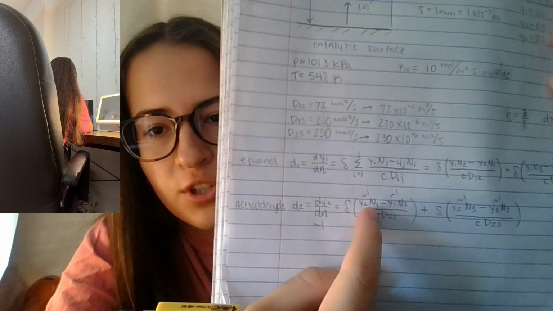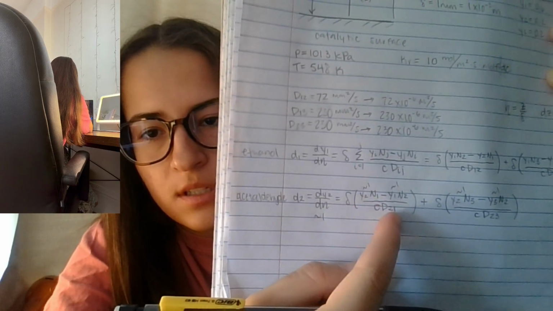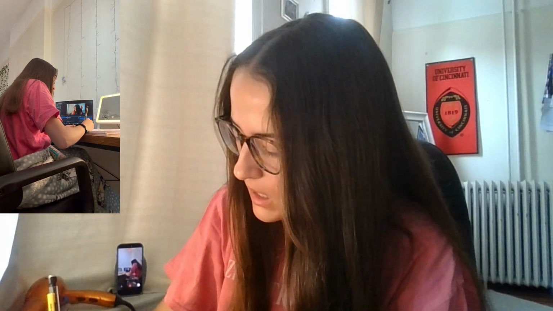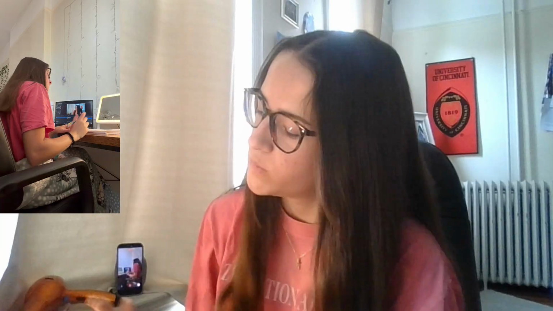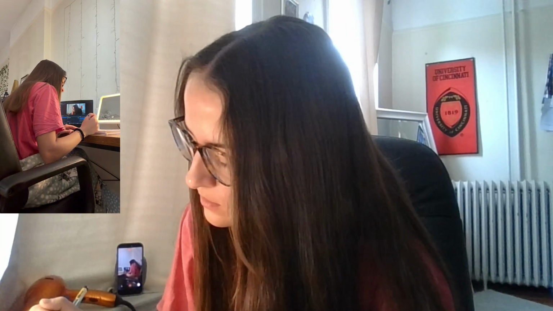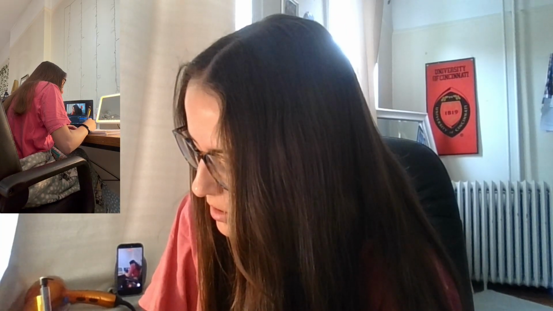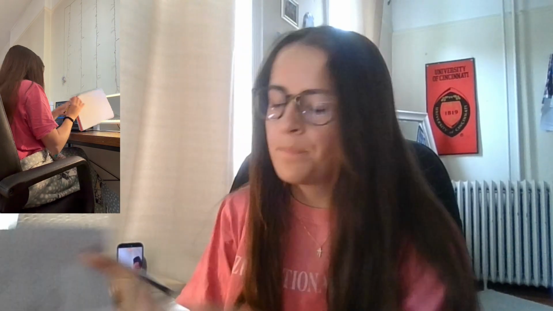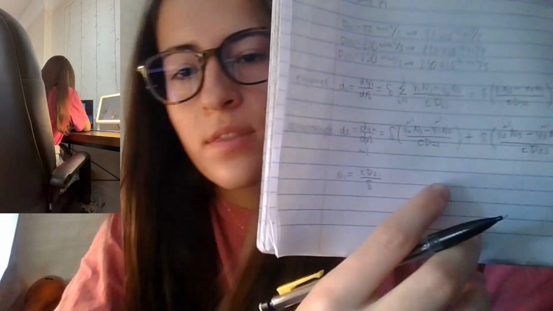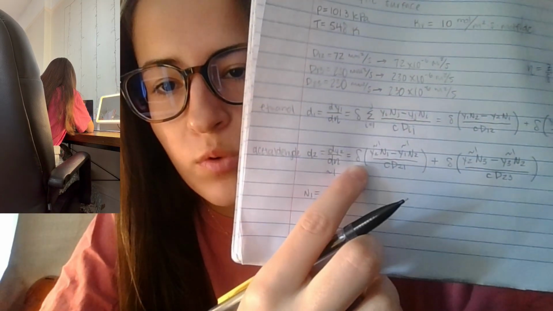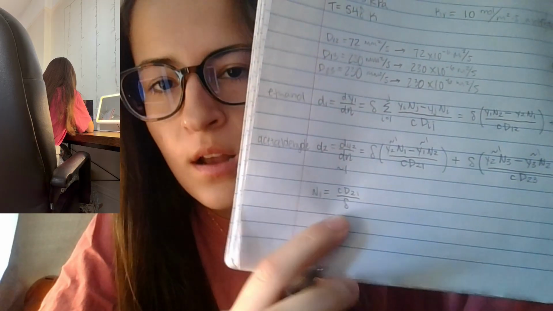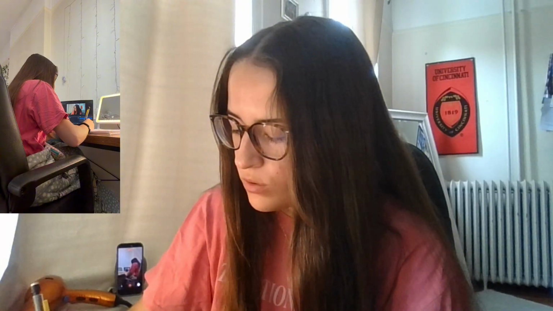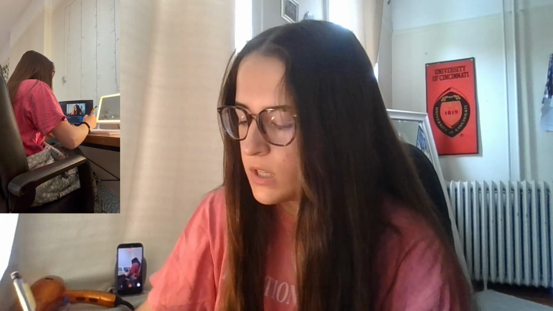And if we rearrange this, the N1 over CD21, we can get that N1 is equal to concentration times D21 all over delta. So we've just simplified this piece right here with the delta in there as well. And we can also recall that total concentration is equal to pressure over RT.